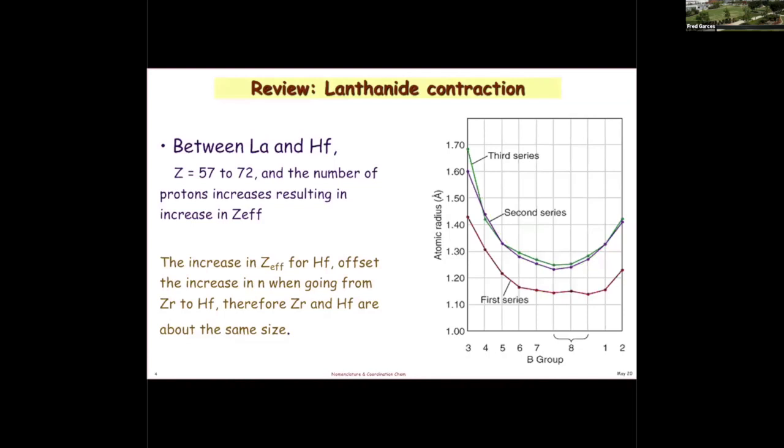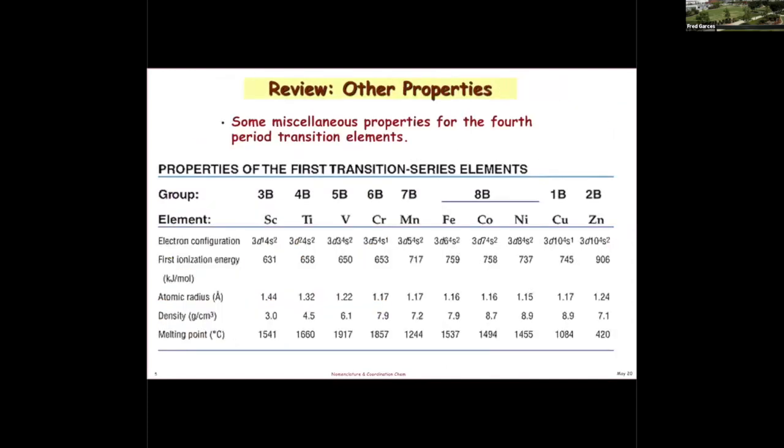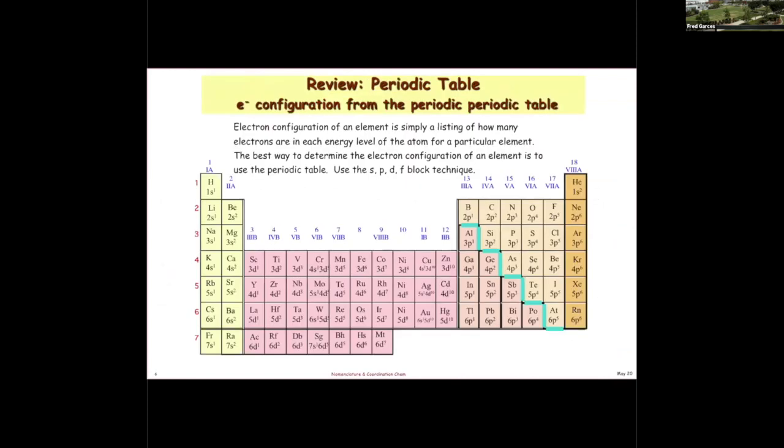The reason why that's the case is something called the lanthanide series. In order to appreciate that, you need to look at the periodic table right here. This is the first row transition metal, this is the second row, and this is the third row.